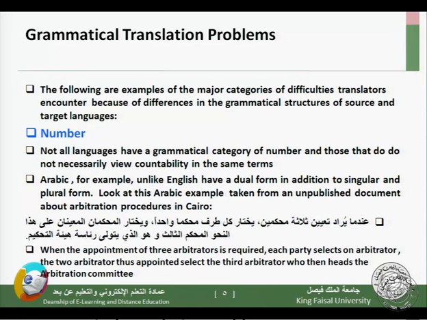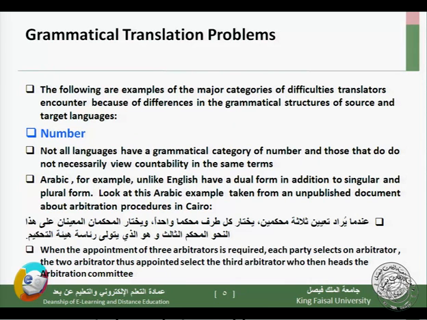Now, not all languages really have the category of number. And even if languages have the concept of number, they don't seem to look at countability in the same way. We will find out.